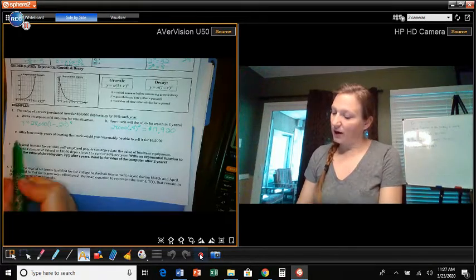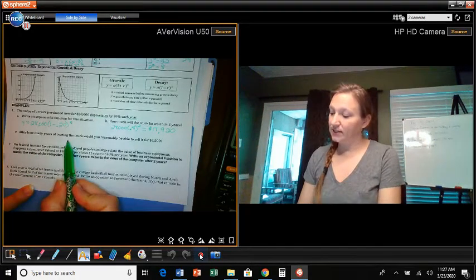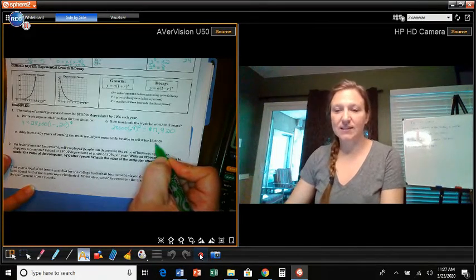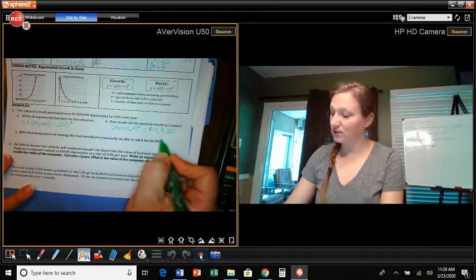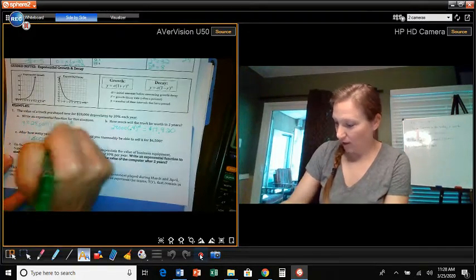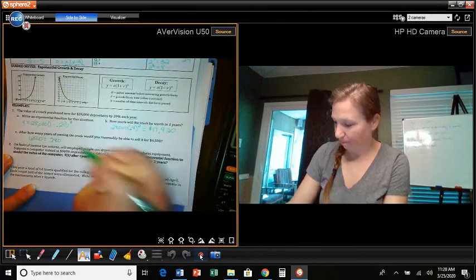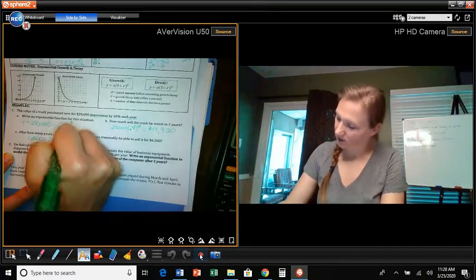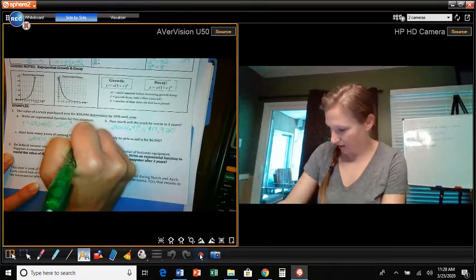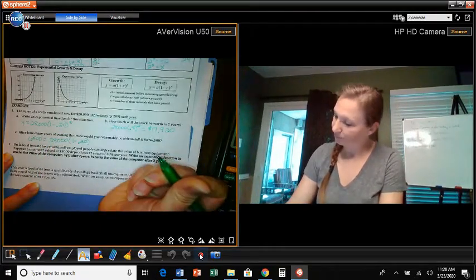All right, so after how many years of owning the truck would you reasonably be able to sell it for $6,500? So this is giving us an ending amount. So this is our Y value. So this is still my initial amount, and I still have the same rate.